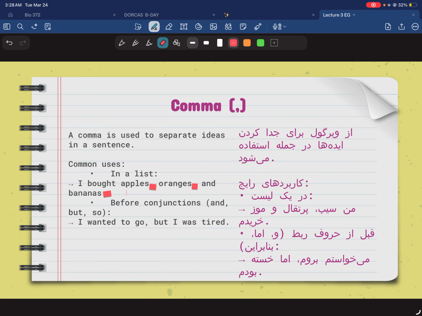Instead of just writing it without pauses, you're going to use a comma to separate the items so that they're more individual. I bought apples, oranges, and bananas.